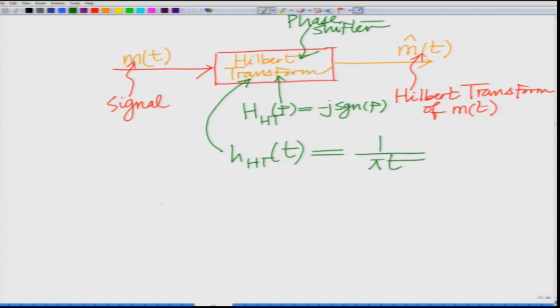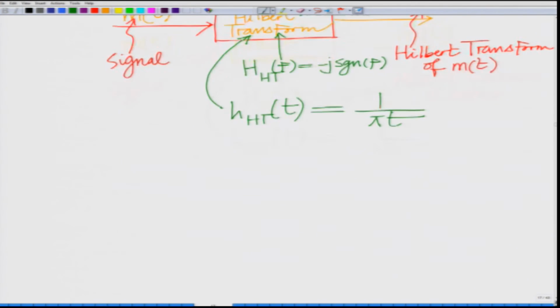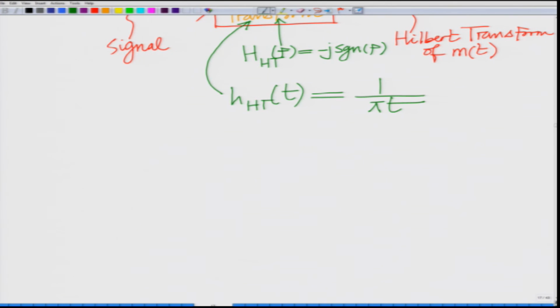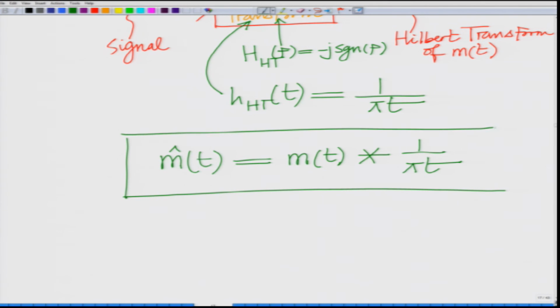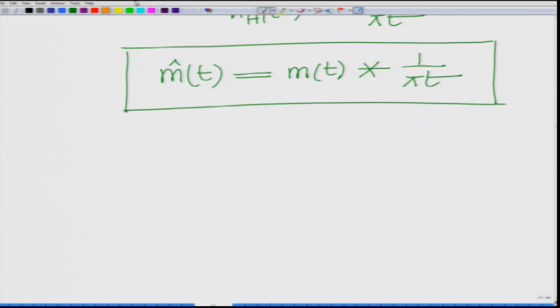This implies that in the time domain the Hilbert transform can be represented equivalently as m hat of t equals the input signal convolved with the impulse response. Remember, when you pass an input signal to an LTI system, the signal gets convolved with the impulse response. So, m(t) convolved with 1 by pi t. This is the time domain representation of the Hilbert transform.